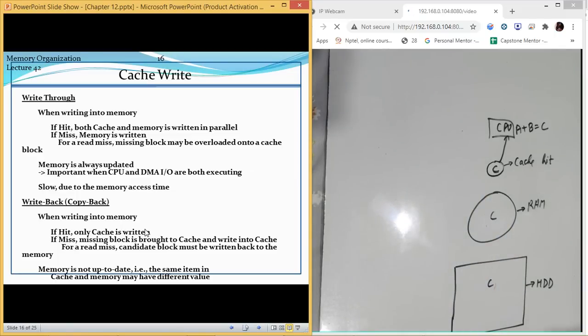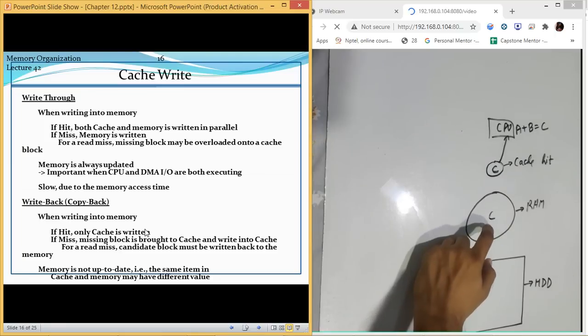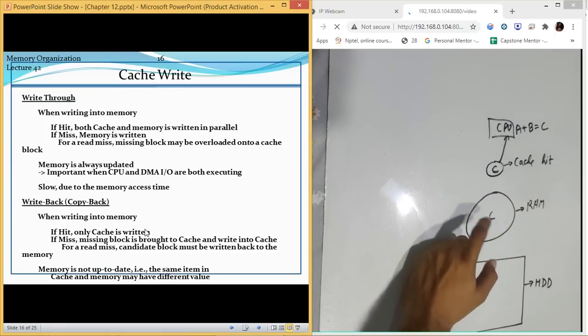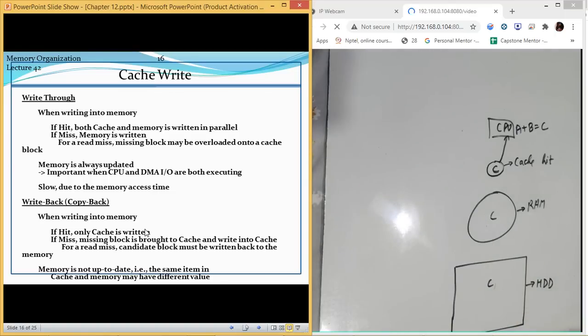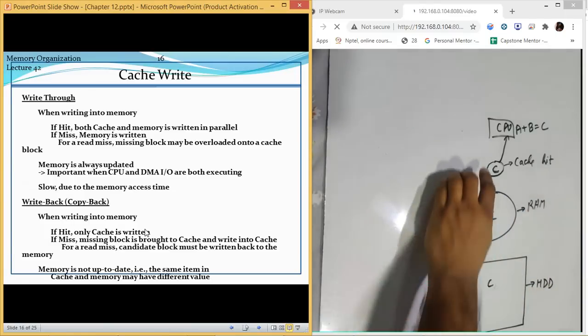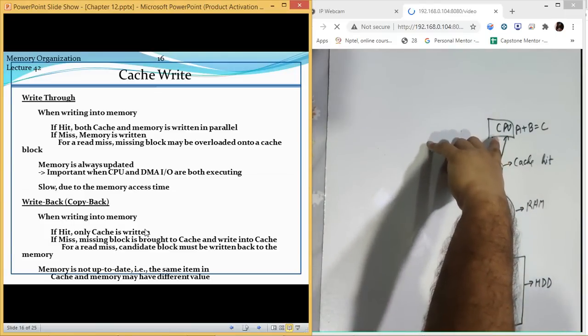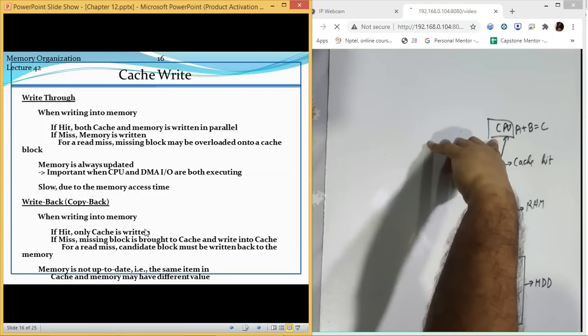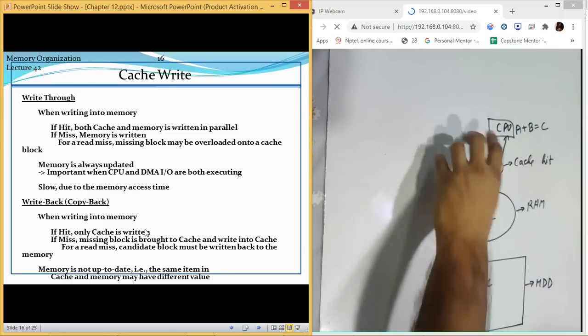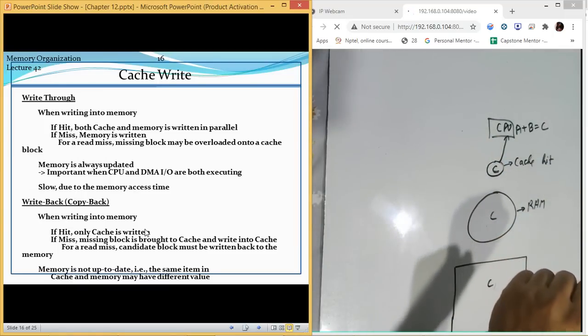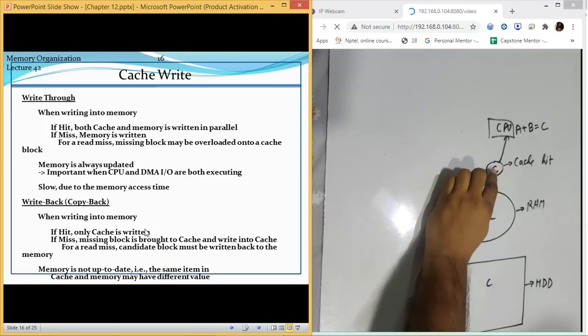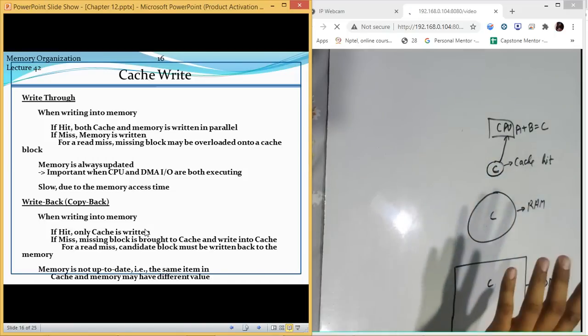If miss happens, the missing block is brought to memory and written into the cache. For the read miss, the candidate block must be written back to the memory. In simple words, in the case of write back, we hold the data back till the time we are not going to update this value.